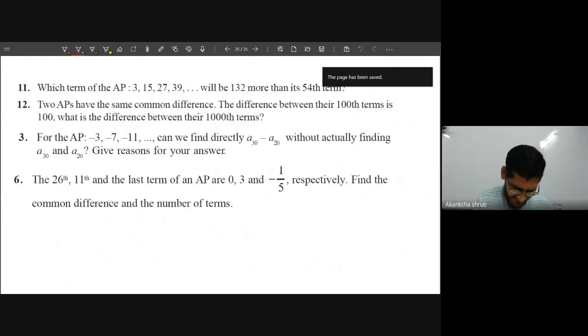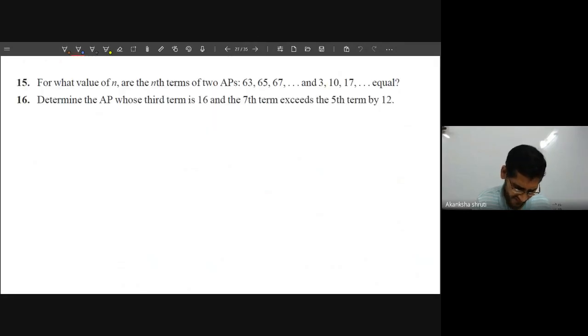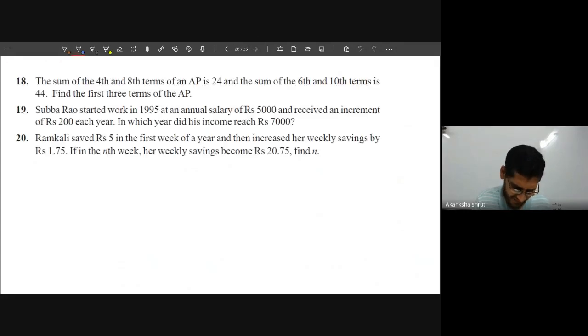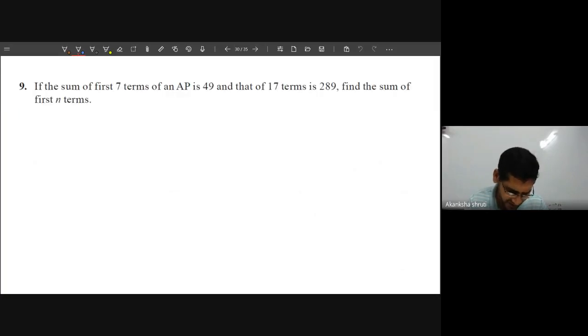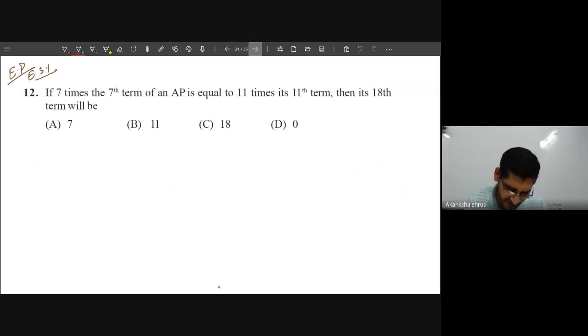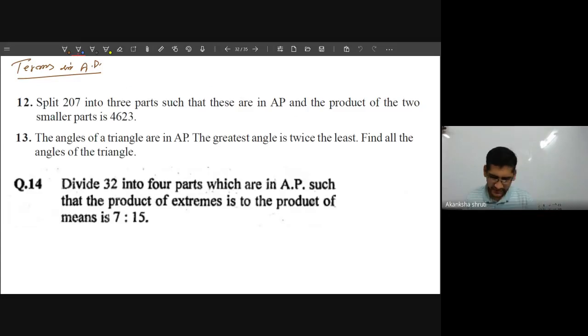Students, see question number 18. This question I have selected from your book only, or from the exemplar problem. So the sum of 14 terms, it is related to sum. These are also easy. But 3 terms, it's a specific term related question.